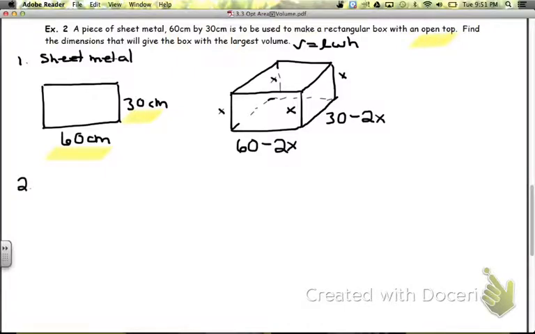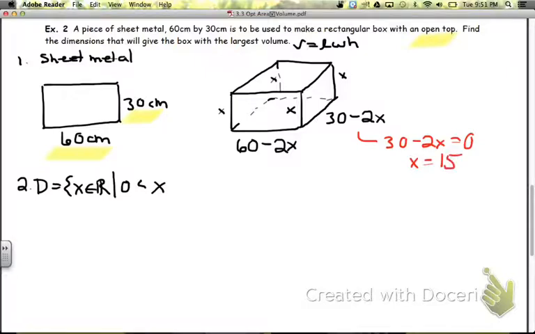Our second step, we need to state our domain. So looking at our domain, we know that x is an element of the real numbers such that x obviously cannot be 0 or anything less than 0. And what is the greatest value that x can be? Well, if we look at what we just solved for, if I were to set this equal to 0, I would get that my x value was equal to 15.